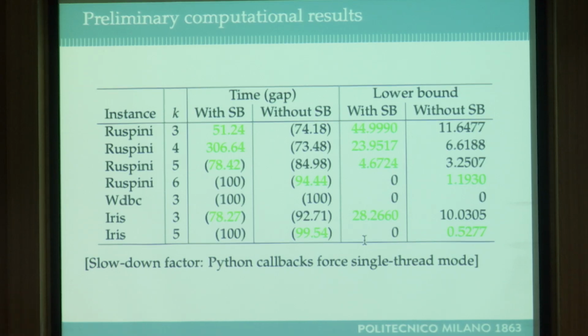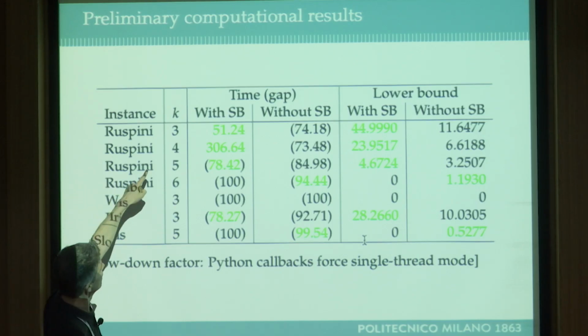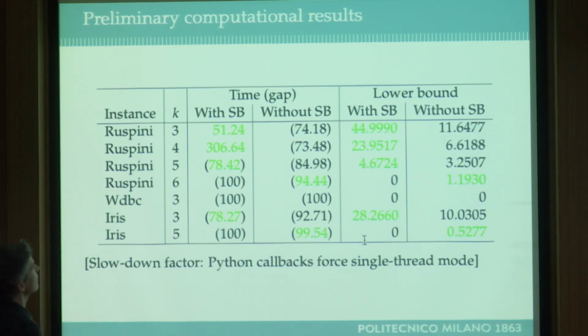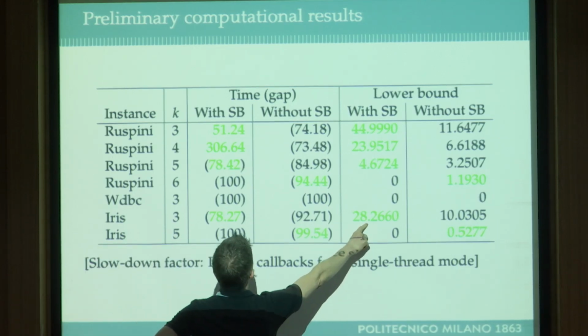So for the probably more representative, easiest instance, that is Ruspini, for values of the number of clusters equal to 3 and 4, we can actually solve the problem to optimality. And with the classical method, we can't find an optimal solution in the 1 hour time limit. For the other instances, those are a bit harder because they contain a larger number of points. But still here, for instance, we managed to solve it in 28 seconds.